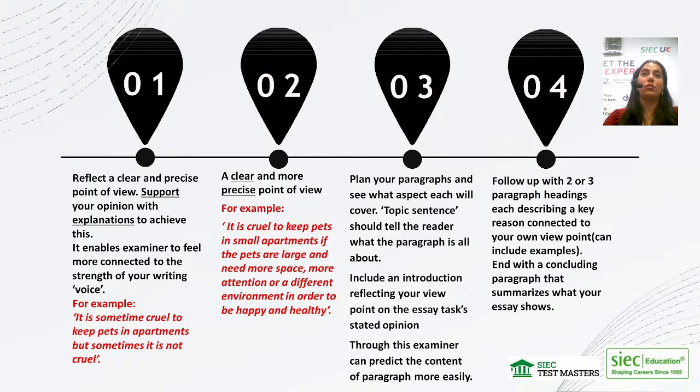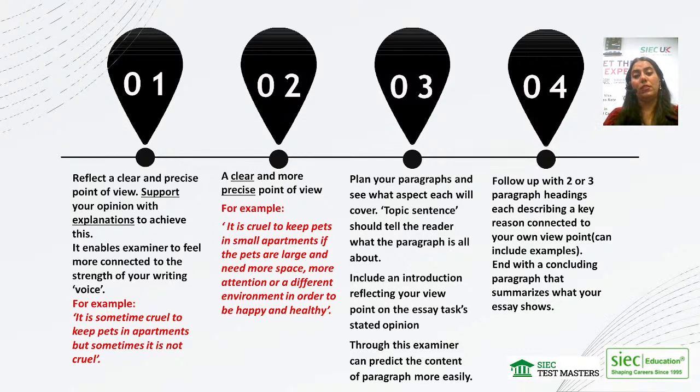Now I understood as an examiner that yes, the student wants to make it very clear that under these circumstances, it became cruel. Now he was asking us, how cruel was it? These are the conditions, or this is the extent to which I'm saying that it's not cruel if it is a small pet, but it becomes cruel the moment these criteria are not met. This is how you give precise clarity of what you want to say.